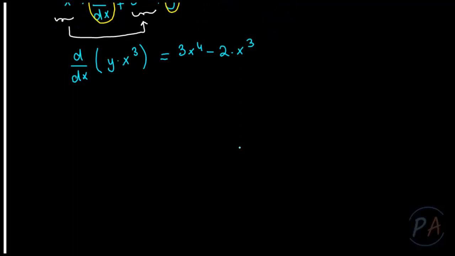Okay, now time for integration. Let me send the dx to the right hand side: y times x cubed equals 3x to the power 4 minus 2x cubed times dx.